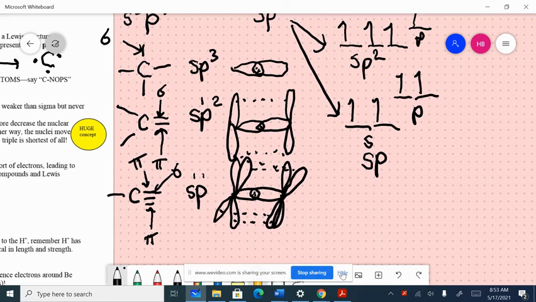And the concepts you are going to come up with for those are sigma or pi bonds. Sigma bonds are single bonds. Double bonds are a sigma and a pi. Triple bonds are a sigma and 2 pi's. That is a summary of the concepts you would need to know in order to describe covalent compounds. Next, we will go over how to build these structures.